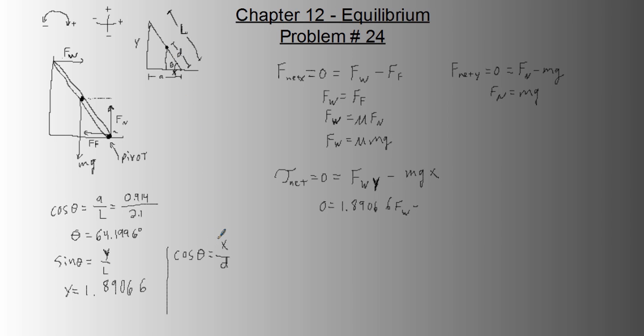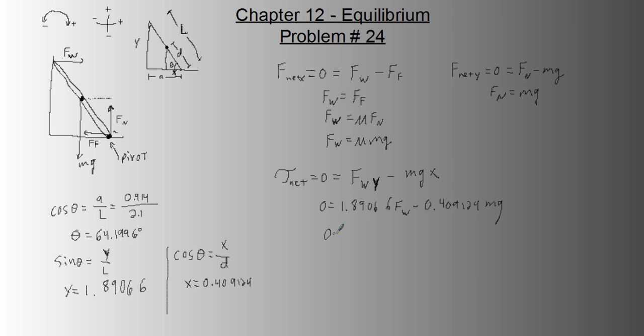And d is 0.94, so x is going to equal 0.409124. D was given in the book as 0.94, so we knew that. So solve for x, and that goes up here, so it's going to be 0.409124 mg. Now up here, we know that Fw is mu mg, so we can replace that.